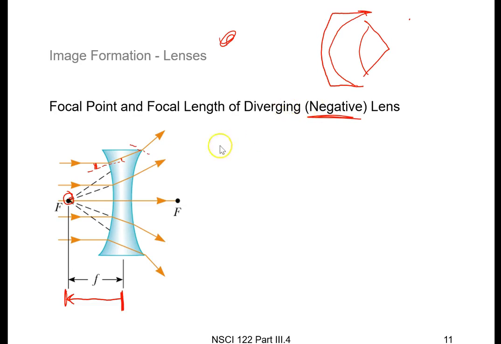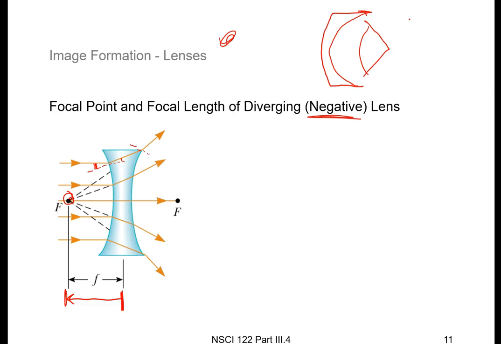Okay, there is a back focal point that would be the same distance from the center of the lens. And just like with positive lenses, when you do a ray trace, it's useful to put both of these focal points in just for reference. Okay? All right, so that's what we mean by the focal length of a diverging or negative lens.